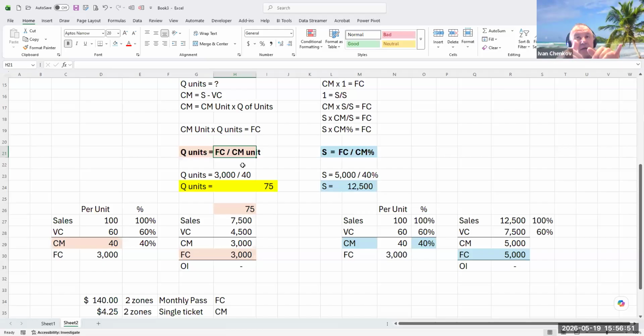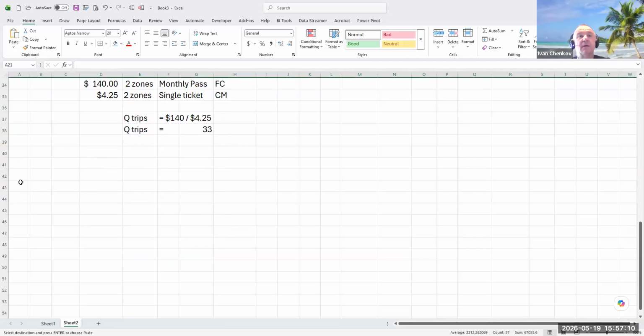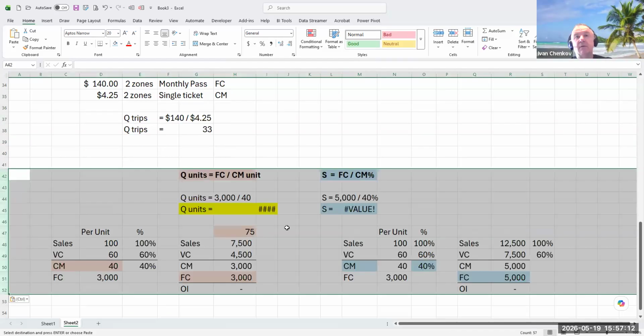But if you want to find how much the total sales should be, we need the contribution margin ratio. Once we get those, we're done. From those two formulas now, we can build and go further.